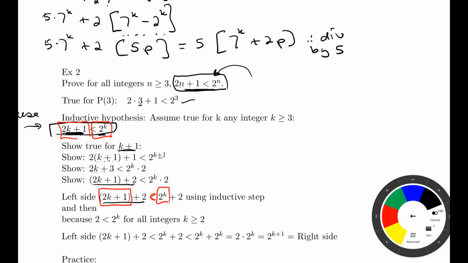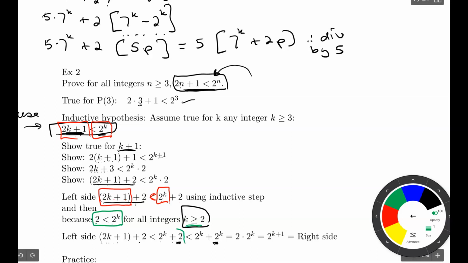Okay, so what do I have? Let me write down again this 2k plus 1 plus 2. That's this thing here, is less than 2 to the k plus 2. Now remember that we're dealing with integers k bigger than or equal to 3. So don't I know for sure that 2 will be less than 2 to the k? Think about it. I know that 2 will be less than 2 to the k because k is bigger than 2.